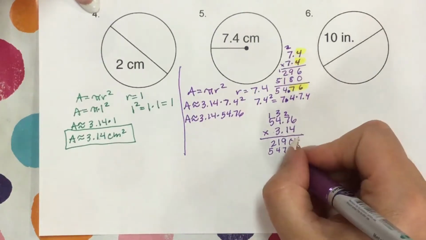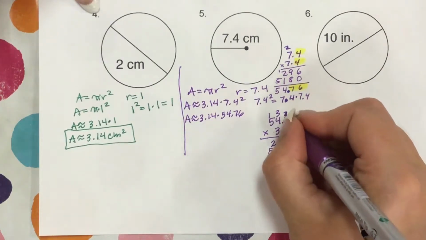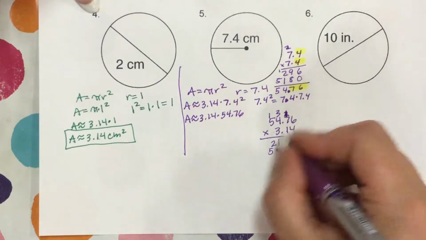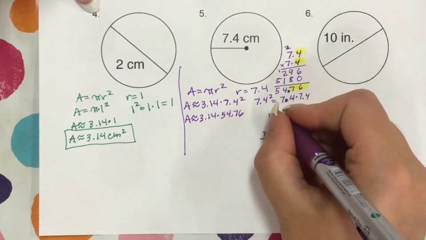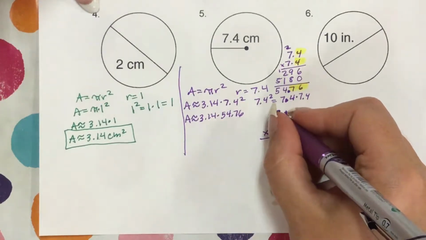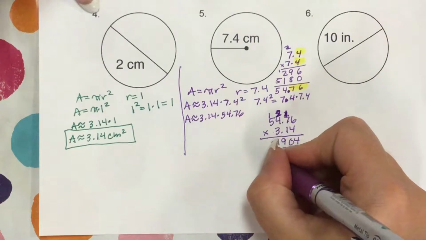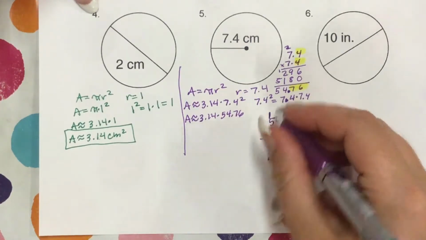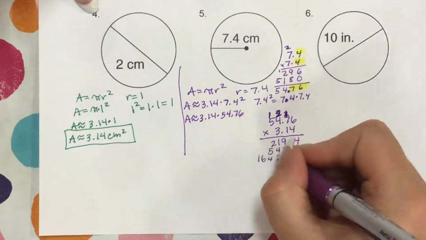3 times 6 is 18, write the 8, carry the 1. 3 times 7 is 21, plus 1 would be 22, write the 2, carry the 2. 3 times 4 is 12, plus 2 would be 14, write the 4, carry the 1. 3 times 5 is 15, plus 1 would be 16.